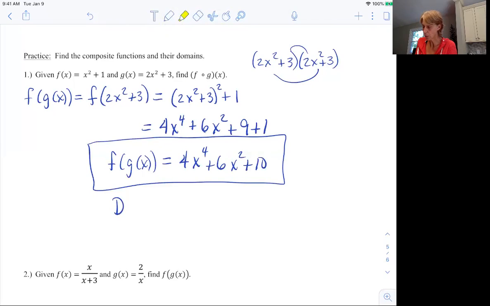When I look to find the domain, that domain is all reals, that domain is all reals. So there's really not much work with this one.